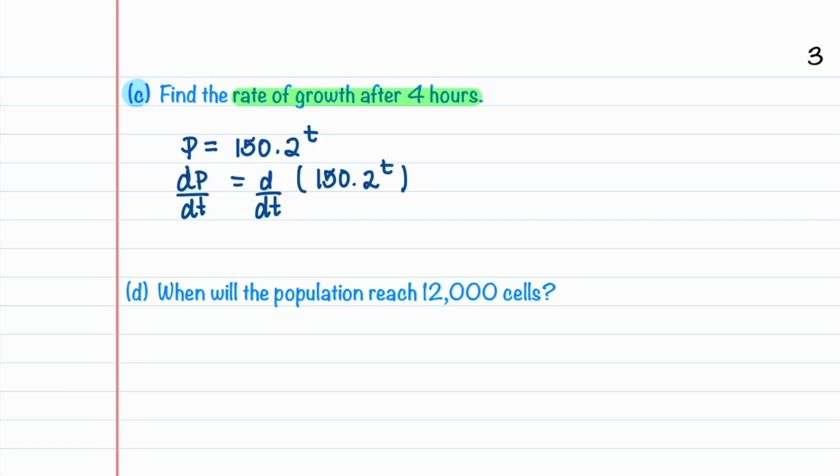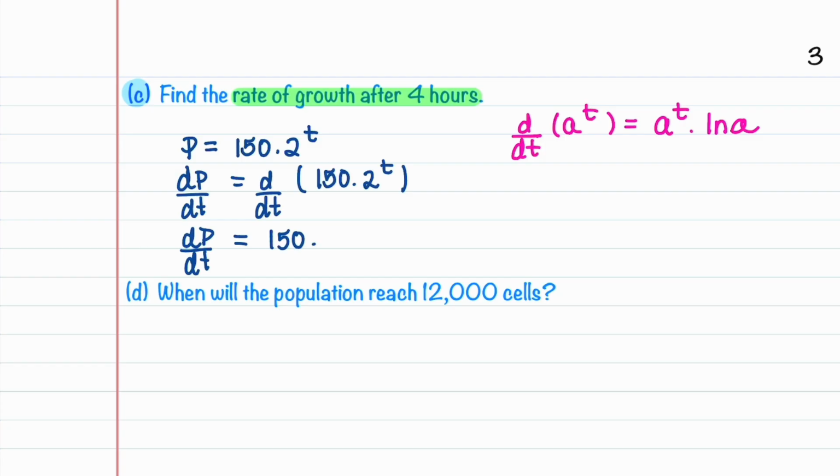Over here on the right, I'm going to write down a formula. The derivative with respect to T of A raised to the T is just A to the T times the natural log of A. Let's now use that formula. So we have dP dt is equal to 150 times 2 to the T times natural log 2.